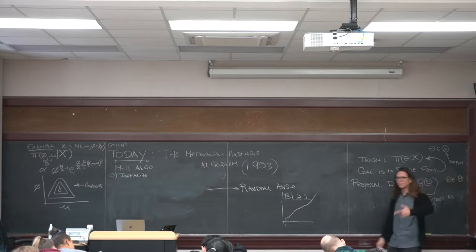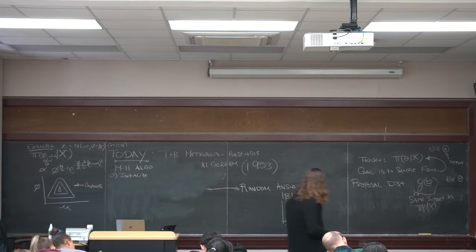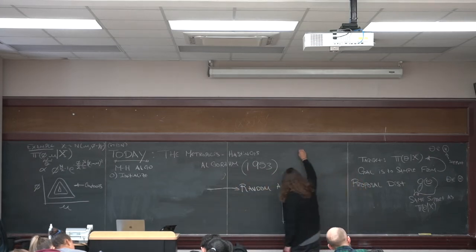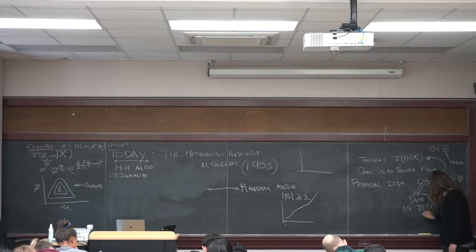But it's also going to place positive mass on all of those values of theta. So what I mean is something like this. I might say this, same support, and maybe I could put or larger.